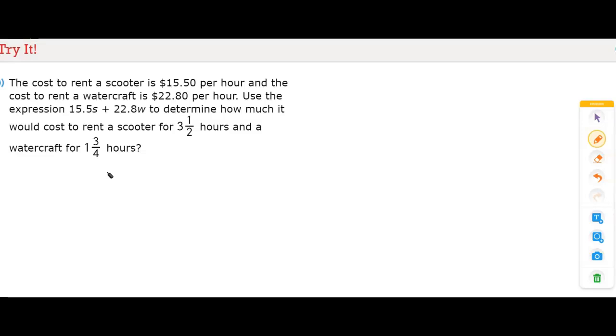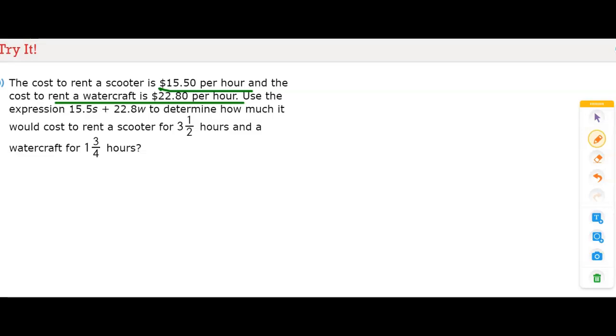The cost to rent a scooter is $15.50 per hour. And the cost to rent a watercraft is $22.80 per hour. Use the expression to determine how much it would cost to rent a scooter for 3.5 hours and a watercraft for 1 3/4 hour.